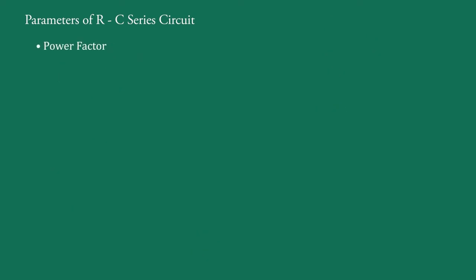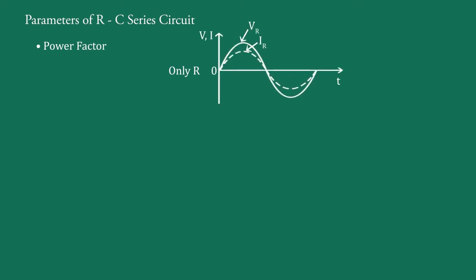Now power factor, that is cos theta. If an alternating sinusoidal voltage is applied across a pure resistor, the voltage and current through it are in phase with each other like this. If an alternating sinusoidal voltage is applied across a pure capacitor, the voltage lags the current by 90 degree like this.